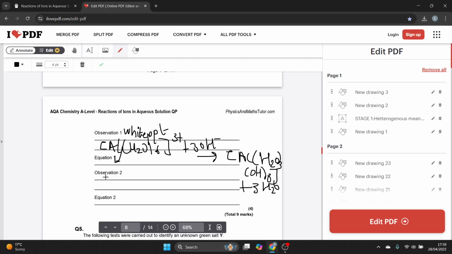Observation 2, colorless solution. And this is when you add in excess. And when you add in excess, this is the equation that happens.